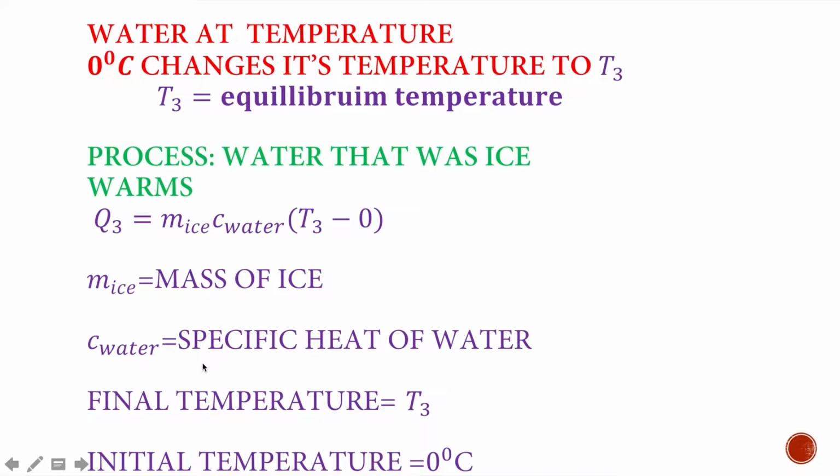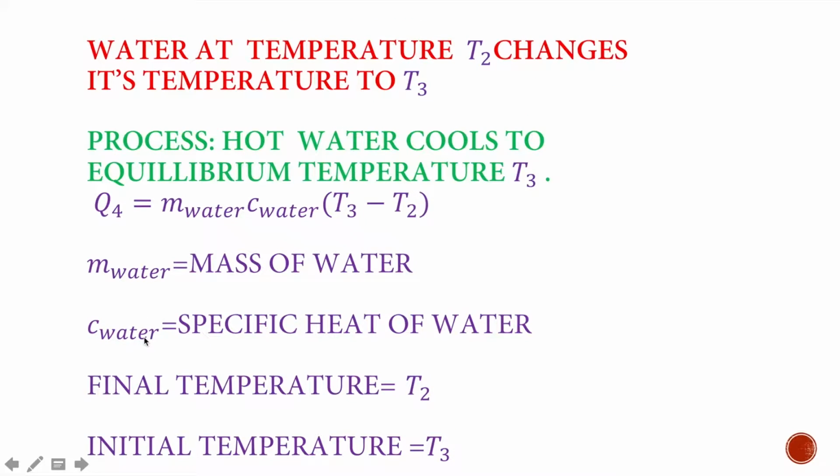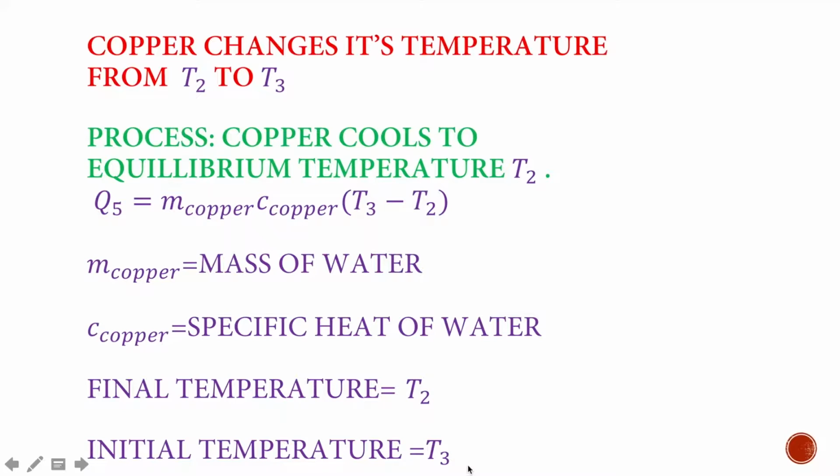So that is what is mentioned here: m, mass of the ice, specific heat capacity of water, then final temperature T3, initial temperature 0. Now the second component of our system is copper. So what happens to the copper? Copper is already at a temperature of T2. So it has to come to temperature equilibrium.